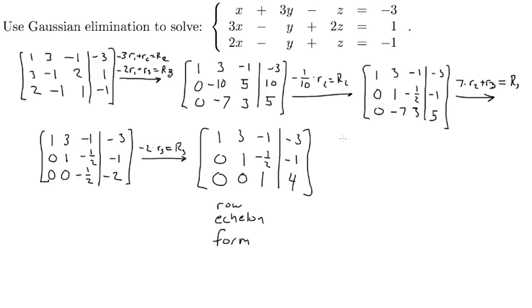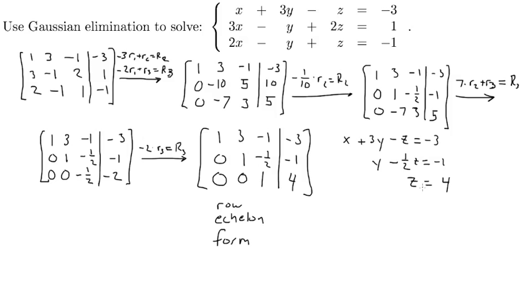equations. So my first matrix is the equation x plus 3y minus z equals negative 3. My second line is y minus 1/2 z equals negative 1. And my last row is simply z equals 4.